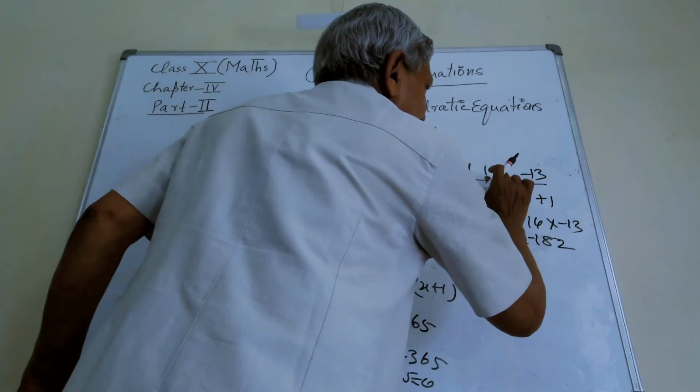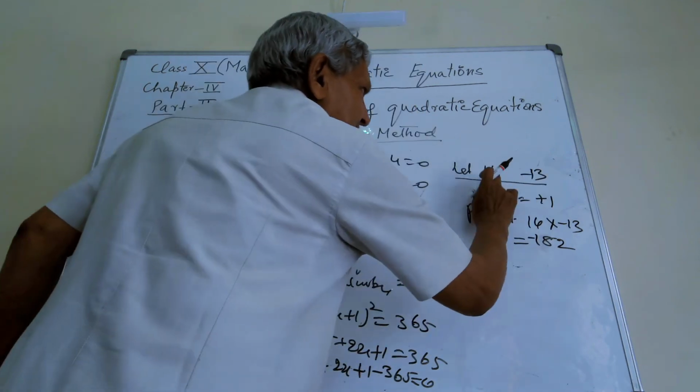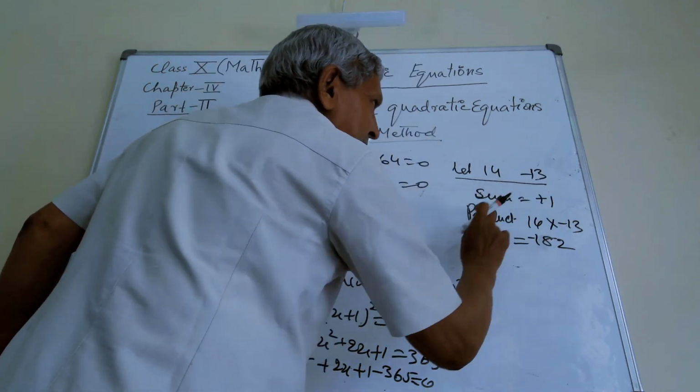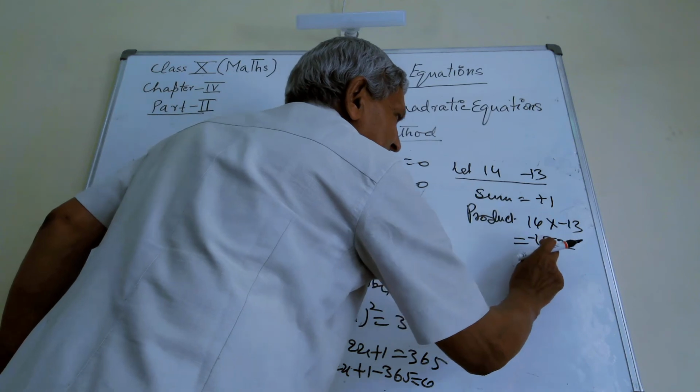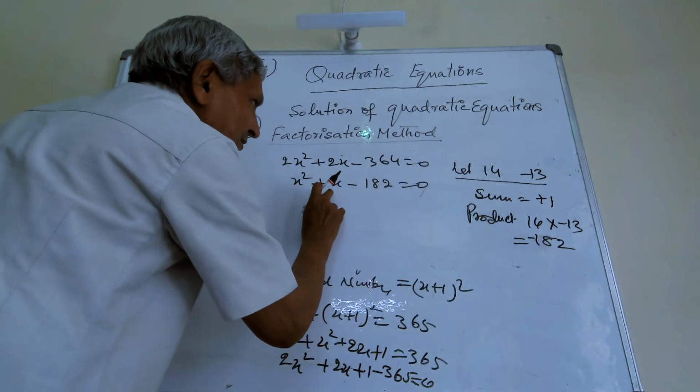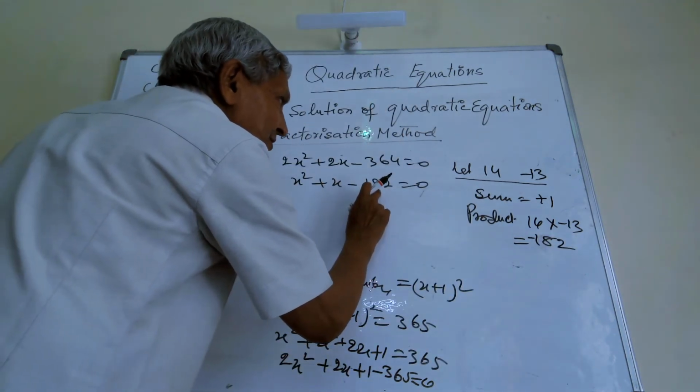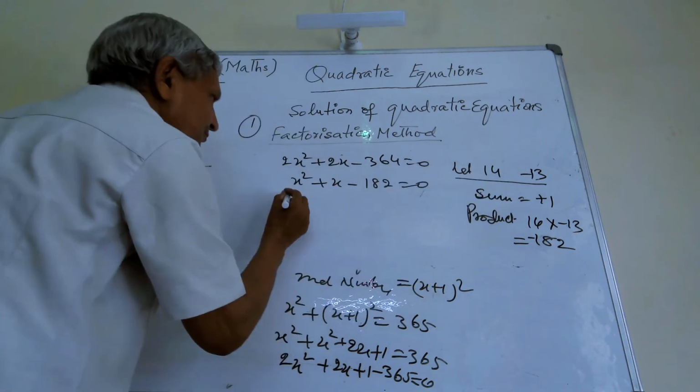We have assumed these two numbers. Sum of these two numbers is plus 1. Product of these two numbers is minus 182. Now put the values of these two numbers.